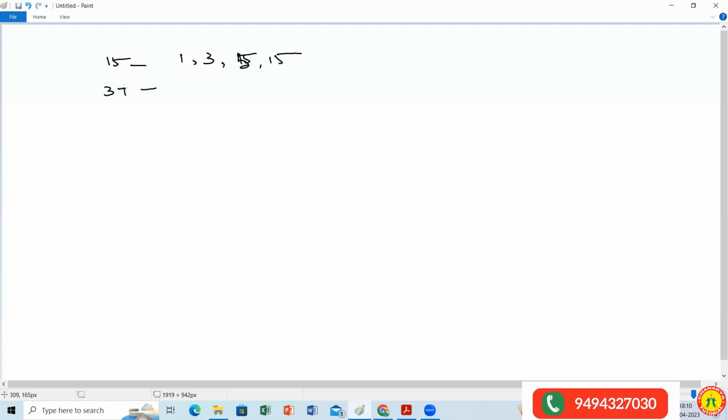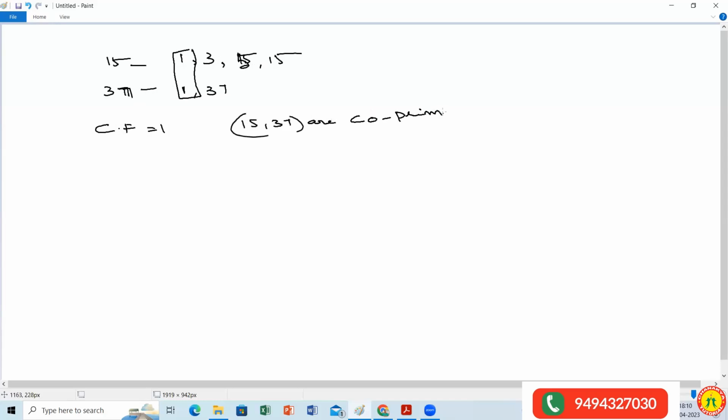What are the factors of 37? 37 is a prime number, so only two factors: 1 and 37. So what are the common factors? The common factor is 1, only one. So can we call the numbers 15 and 37 co-primes? Yes, ma'am. Yes, they are co-primes.